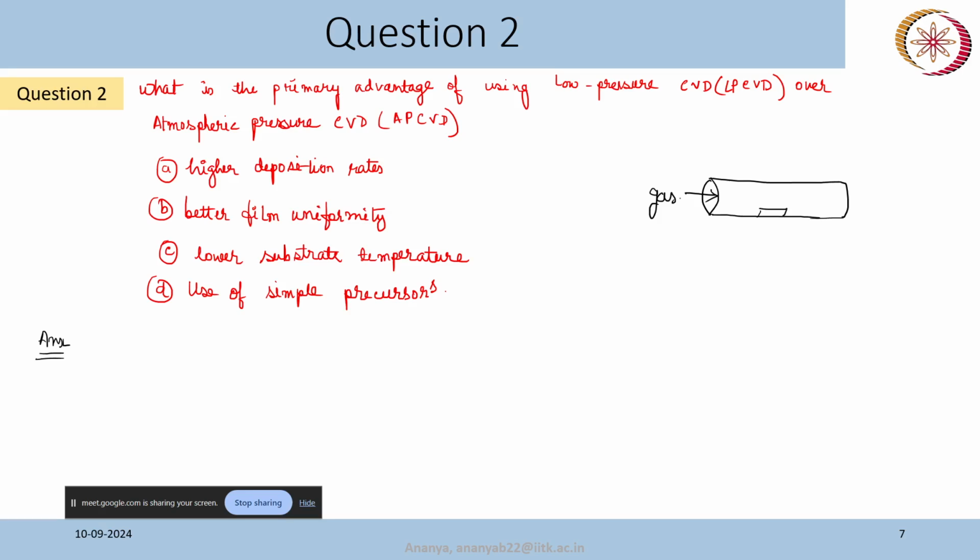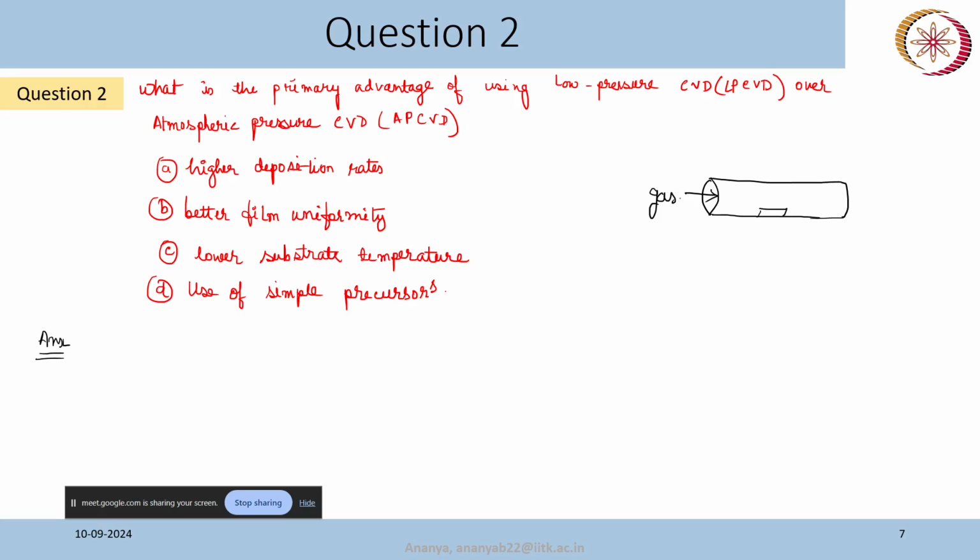Now as you introduce your gas in a controlled manner, you have better control of your film thickness, as well as you will get a uniform film, because the process will be kind of gradual.